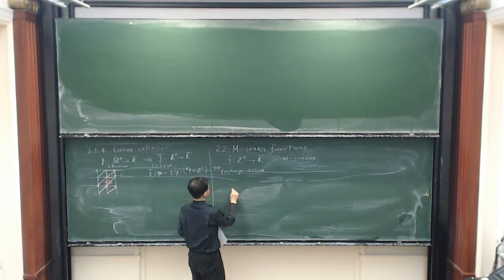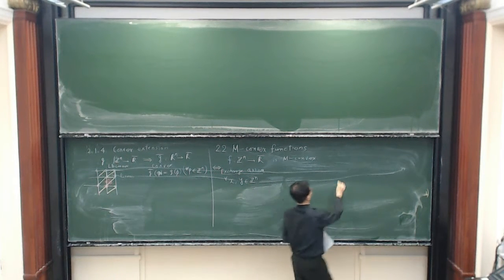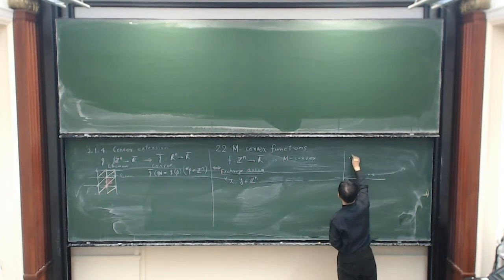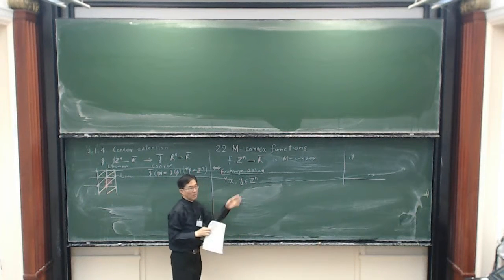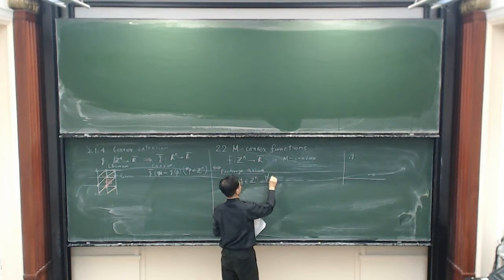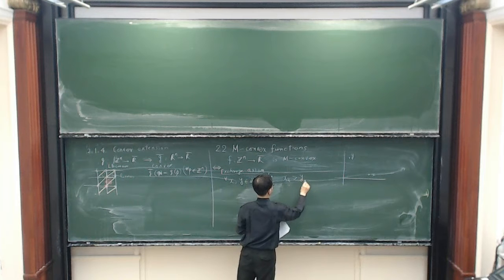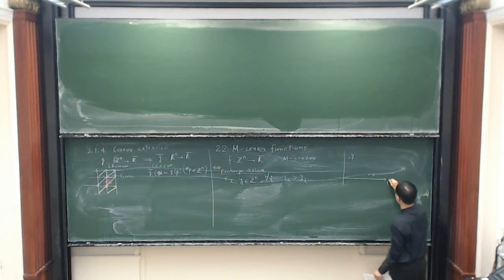So take two vectors, x and y, like bases, and take any i such that x_i is larger than y_i. So in this picture, i is here.